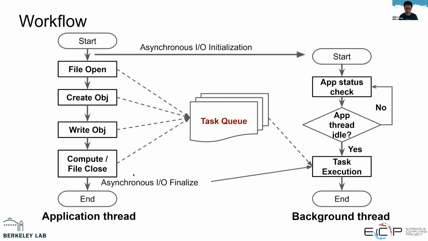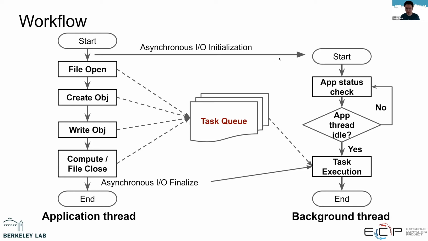A little bit more on the workflow of the async VOL. At the start of the application, the async VOL will be initialized, where we are using a background thread to execute all the asynchronous tasks.